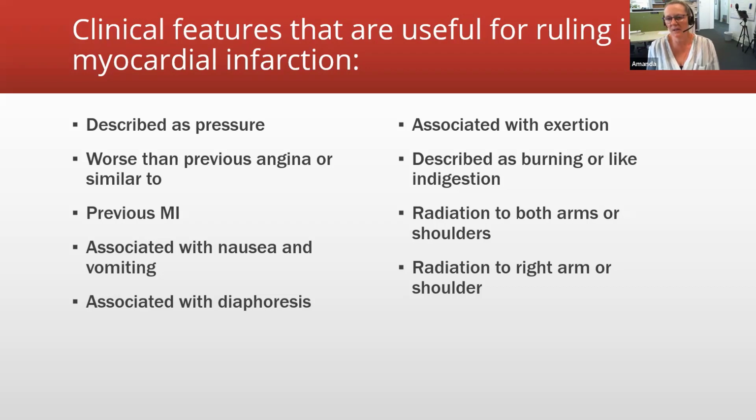It can be described as burning or like indigestion, radiation to both arms or shoulders, and radiating to the right arm. So it's really important that if there is any concern whatsoever, and anxiety we know as a symptom, that we do gain a thorough history and then use our rule in, rule out differential diagnoses to work really hard about how we're going to treat this patient.